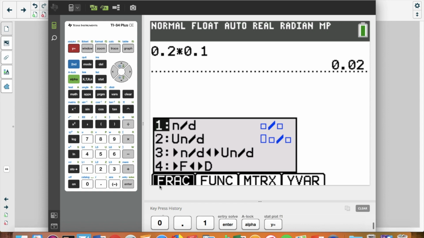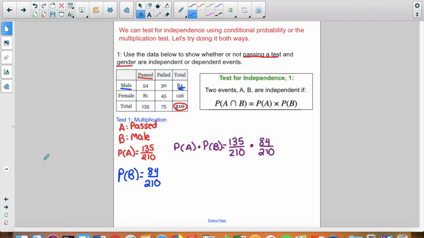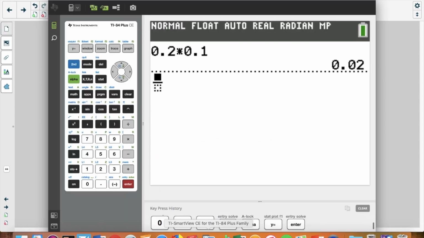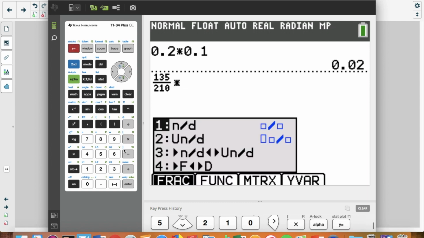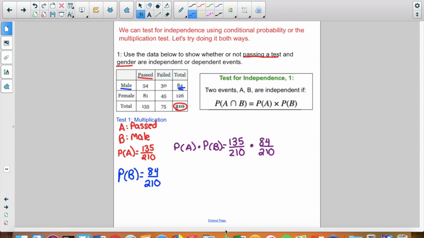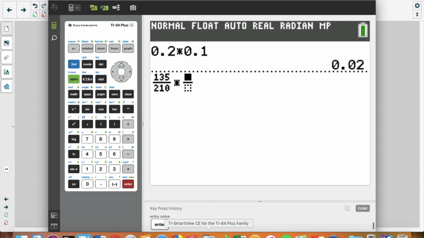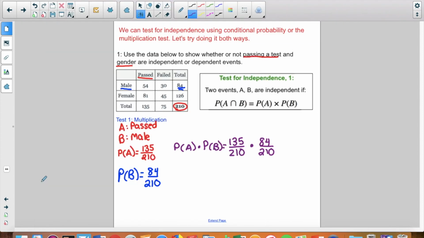To get a fraction, we have 135 over 210 times 84 over 210. Press enter and we get 9 over 35. So this is 9 over 35.